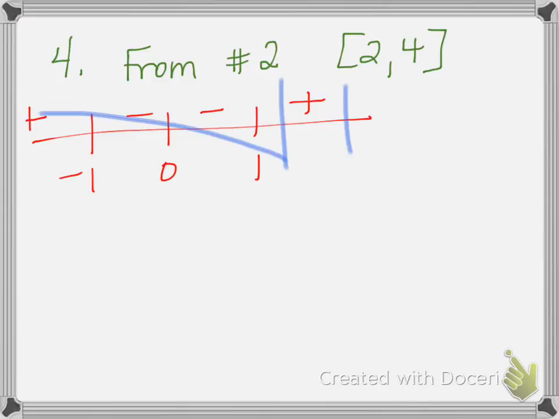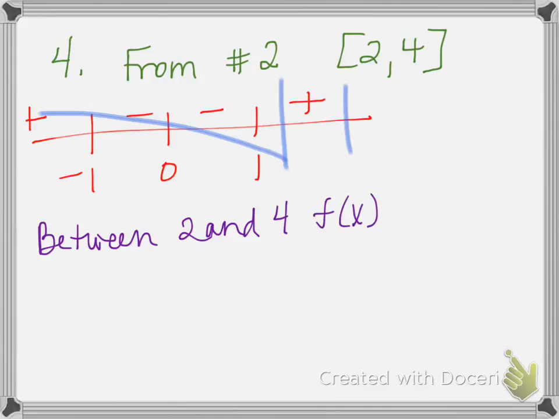So I don't care about all this other stuff, although it's important, I really just want to know what's going on from 2 to 4. And so what I know is that between 2 and 4, f of x increases. That's all that's going on. It's always increasing. There's no min or max between there except what's going on at the endpoints.